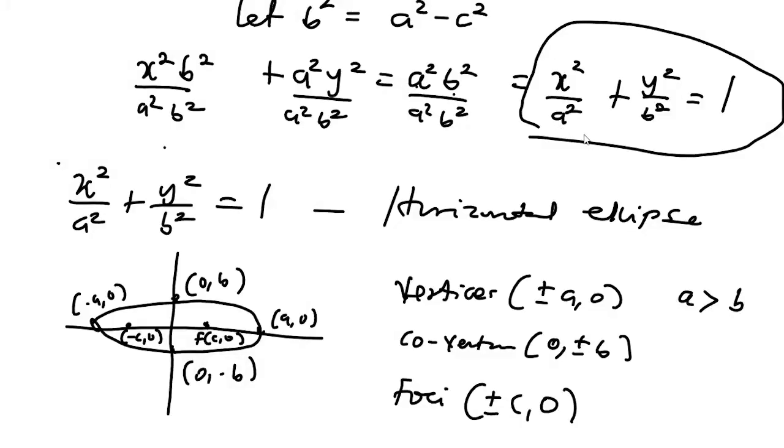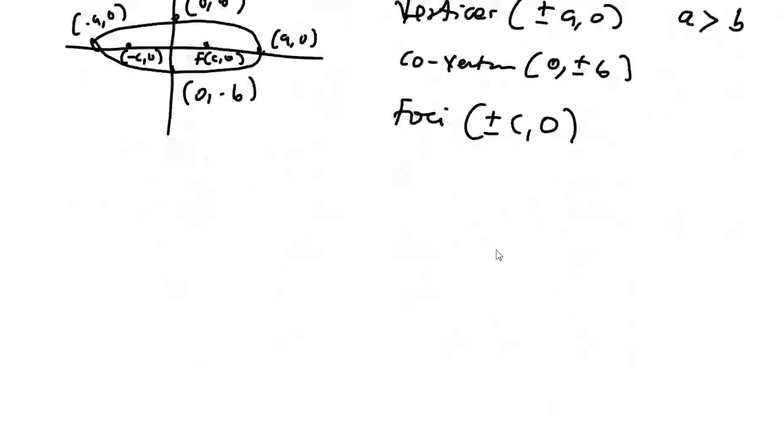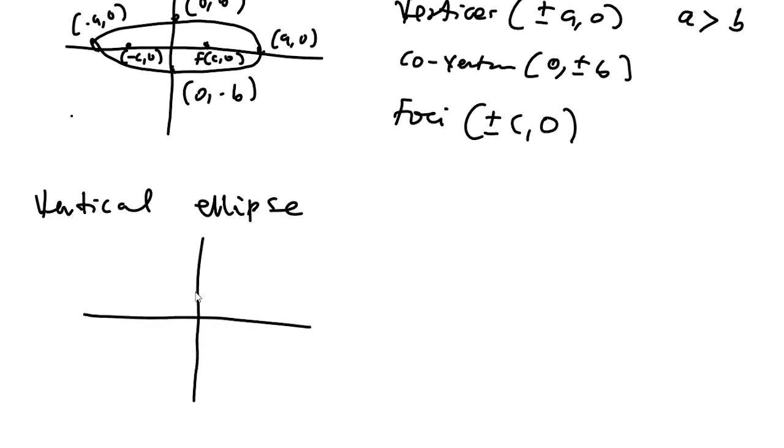So if it changes, let's compare it to the vertical one. So let's look at the vertical ellipse, sorry. For that one, it lies on what? The vertical axis, like this.